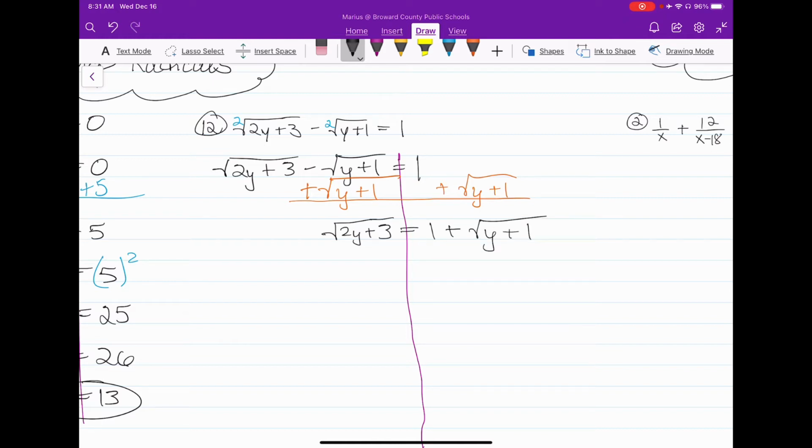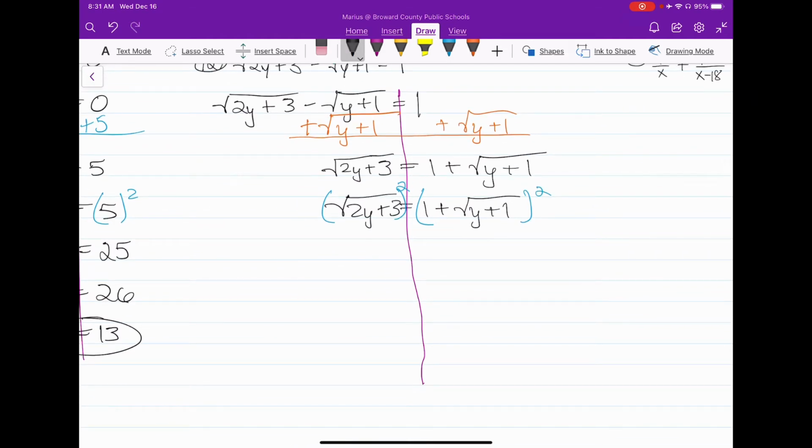Now what we're going to do is show that we're squaring both sides. And really, I'll rewrite this again. And now, there we go, square both sides. So we're going to have to perform FOIL on the right-hand side. On the left-hand side, we're just going to be left with 2y plus 3.